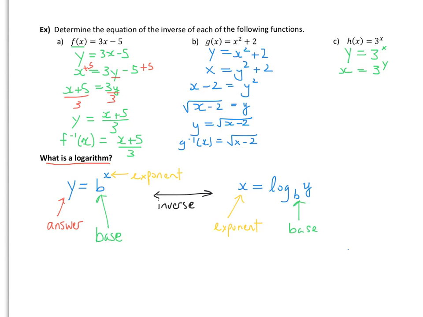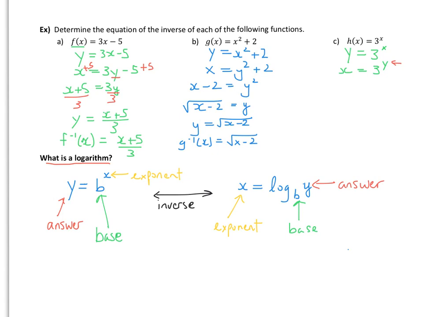So the 3 would go there, and the y is what we had as our answer. If we relate this back to the example we were just working on, part C, I want to get the y by itself here. The y is my exponent, so this is going to be a little bit confusing because my x was the exponent in this.